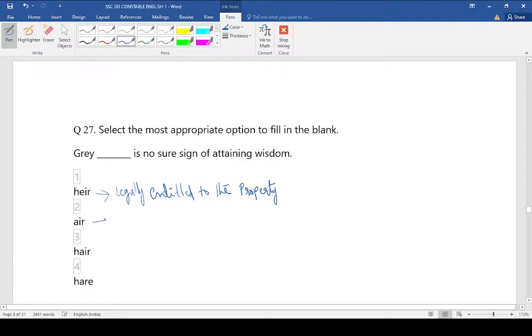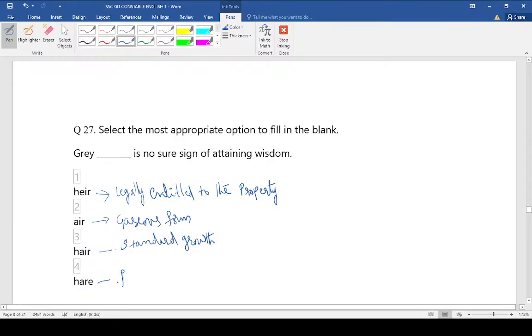Next, air, gaseous form. Hair is nothing but standard growth. Next, last one, hare.